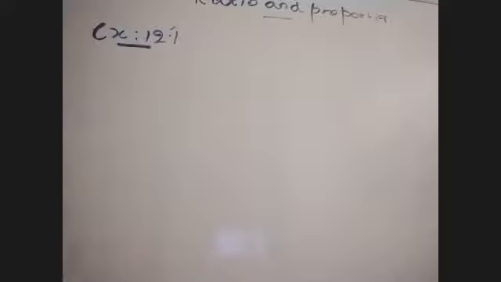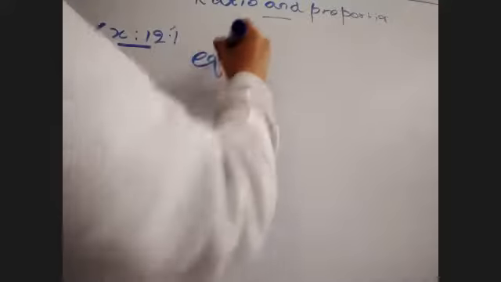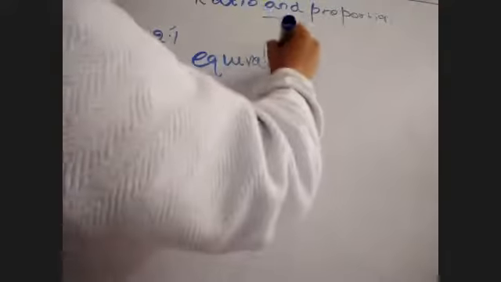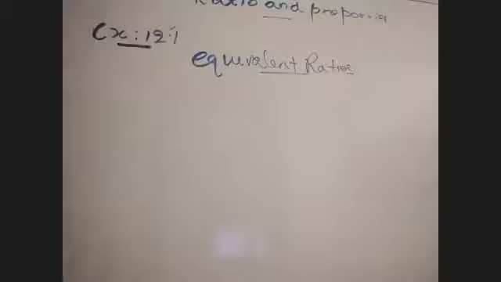So I'll explain everything about equivalent ratios so that it can help you whenever you write your exam. Definitions and method. So suppose I give you a fraction like 2 by 3.